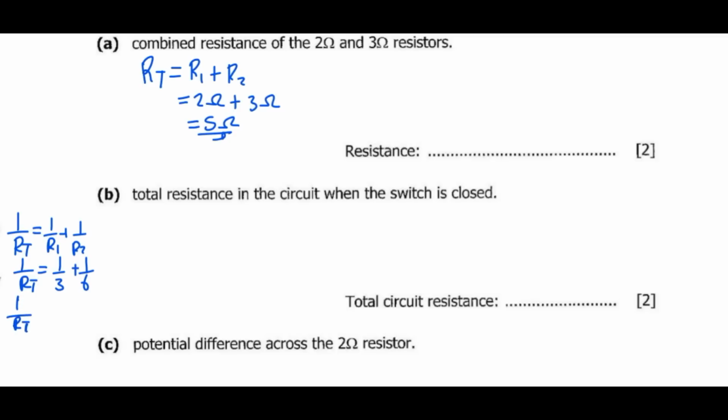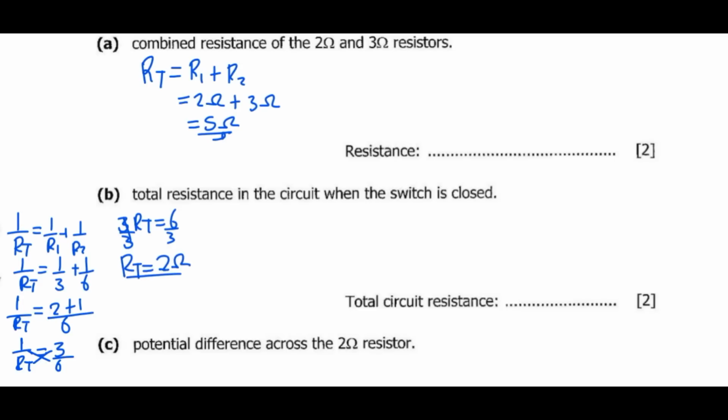What is our lowest common denominator? It is 6. 3 into 6, 2 times 1, that is 2, plus 6 into 6, 1 times 1, 1. So 1 over RT is equal to 3 over 6. We cross multiply. 3 times RT gives us 3 RT is equal to 6, so RT is 6 over 3.